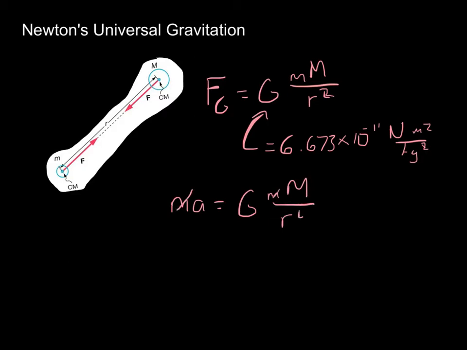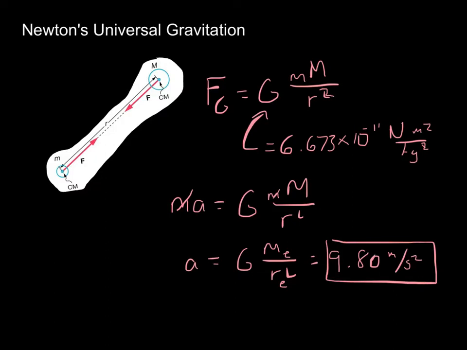Well, the masses would cancel out, and I'd get acceleration equals G, and in this case maybe mass of the Earth, over radius of the Earth squared, and that would give me an acceleration near the surface of whatever planet, in this case the Earth. If I actually plugged in the values for Earth here, then I would get our usual 9.80 meters per second squared. And that's part of the reason we know that that number is accurate, and we can verify it via experimental results.